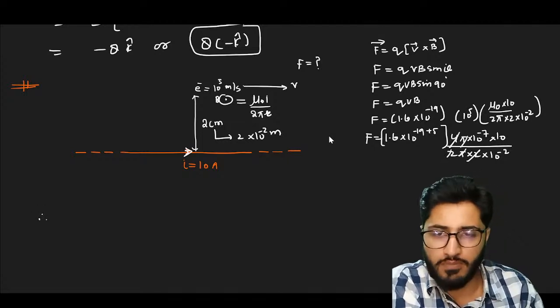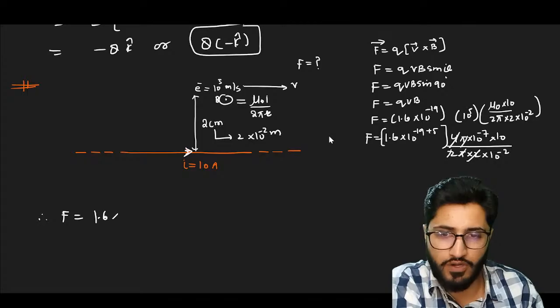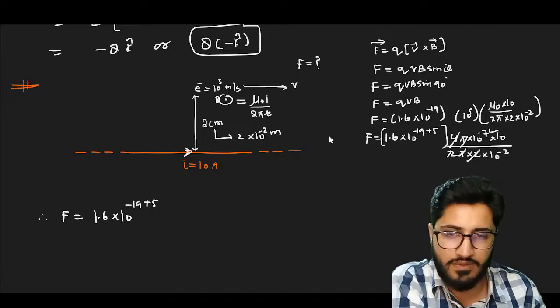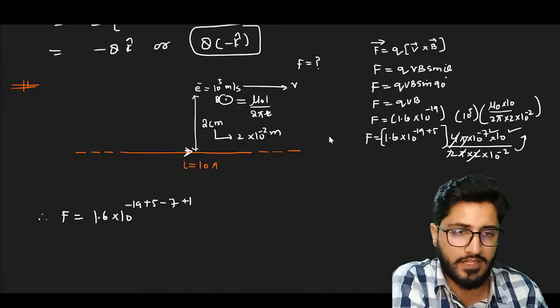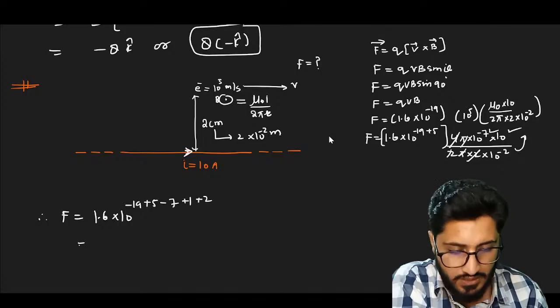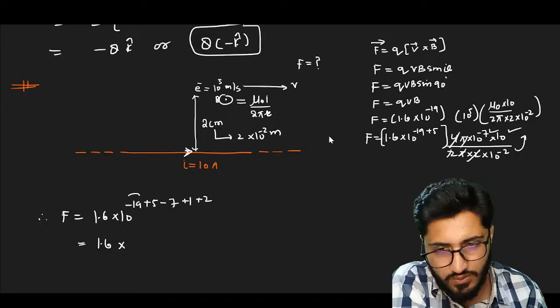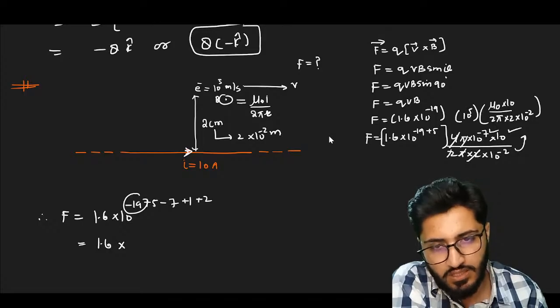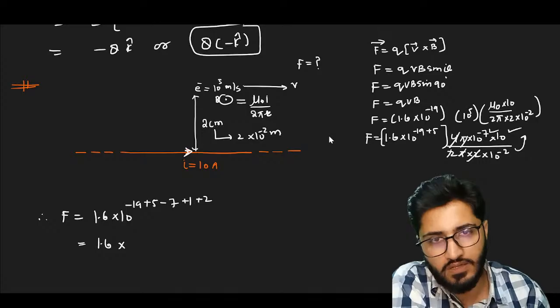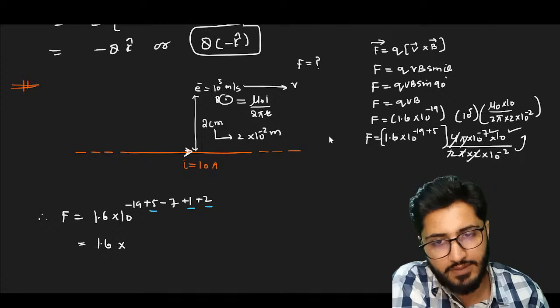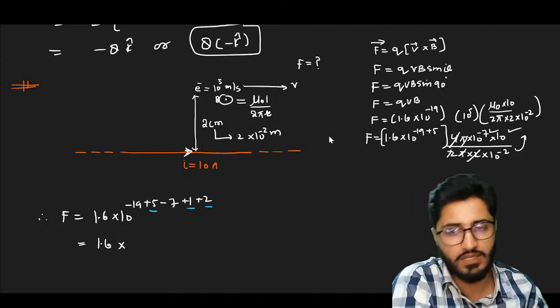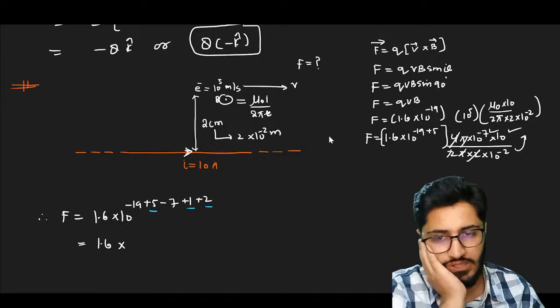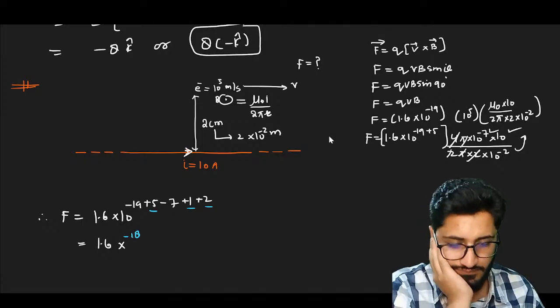So the force comes out to be 1.6 into 10 to the power minus 19 plus 5 minus 7 plus 1 plus 2, which comes to 1.6 into 10 to the power minus 18, I guess.